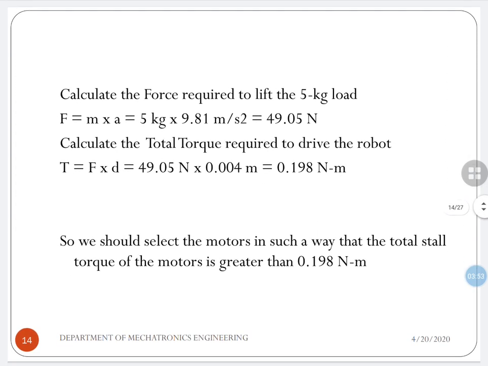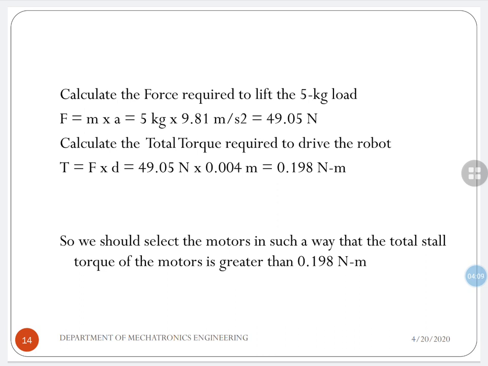The first step is to calculate the force. F is equal to m into a, so 5 kg into 9.81, and we get 49.05 newtons. The total torque required to drive the robot is torque equal to force into distance.